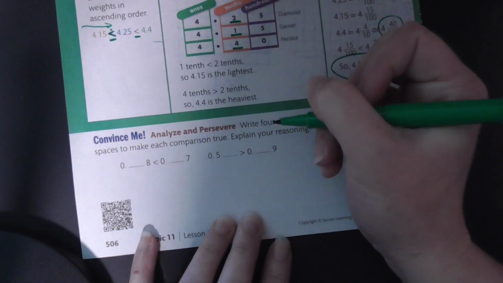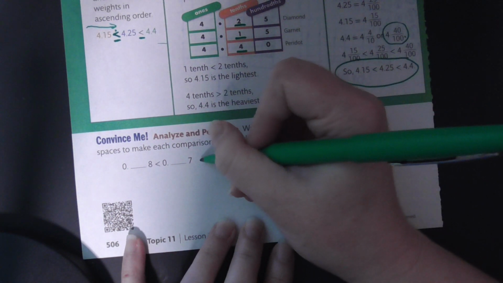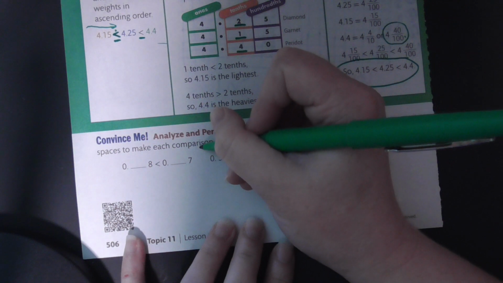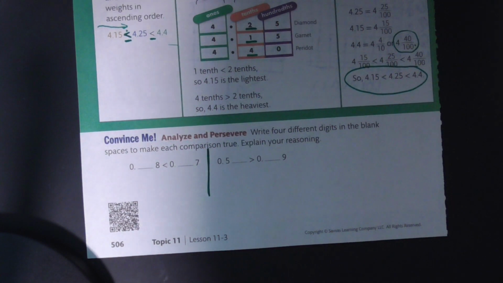All right, so convince me. Analyze and persevere. Write 4 different digits in the blank spaces to make each comparison true. Now, I do not see a comparison symbol here, so I'm going to say that these two are separated.